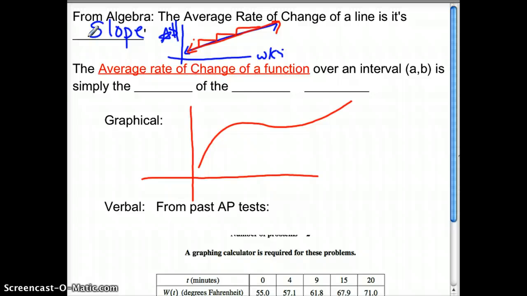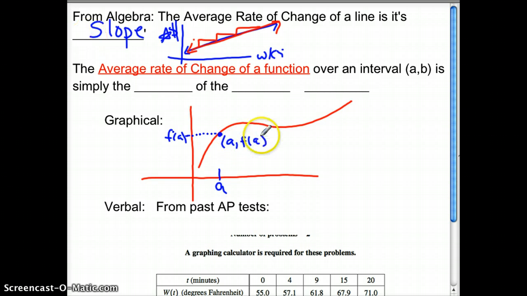And when we talk about the average rate of change of a function that's not a line, it's simply going to be, when we take an interval, let's say it goes from A, so I'm looking right here at A, f of A. I'm going to write that as a point.